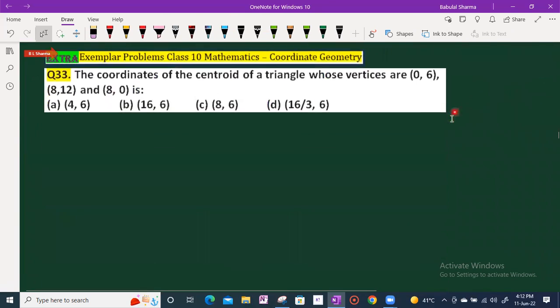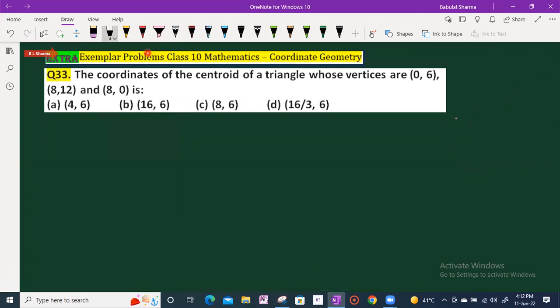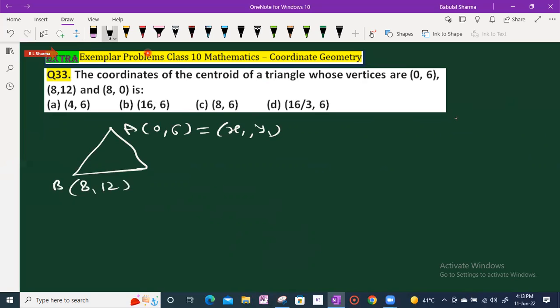Next question. The coordinates of the centroid of a triangle whose vertices are 0, 6, 8, 12, and 8, 0. Here this point is A, 0, 6. That is x1, y1. B, that is 8, 12.